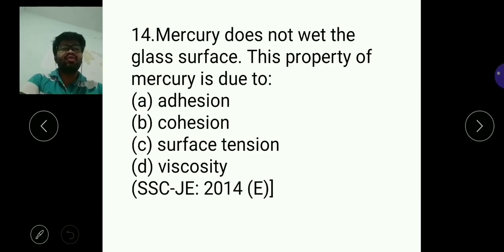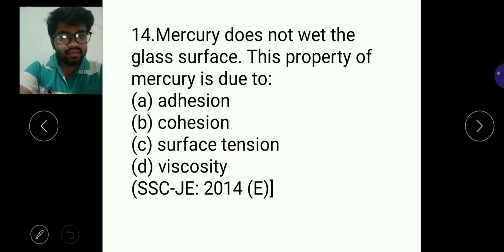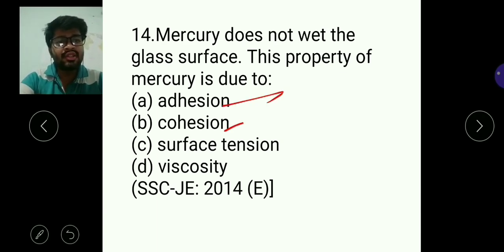Then moving next, the 40th number question. Mercury doesn't wet the glass surface. This property of mercury is due to what? For any fluid or substance, we have cohesion and adhesion properties.